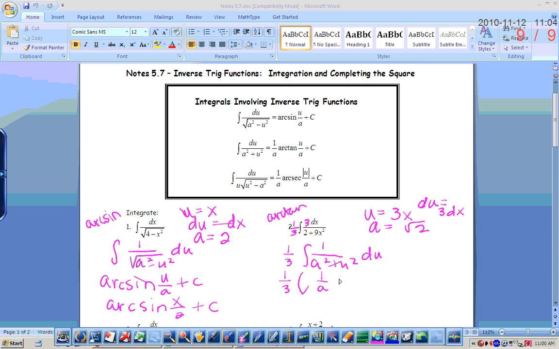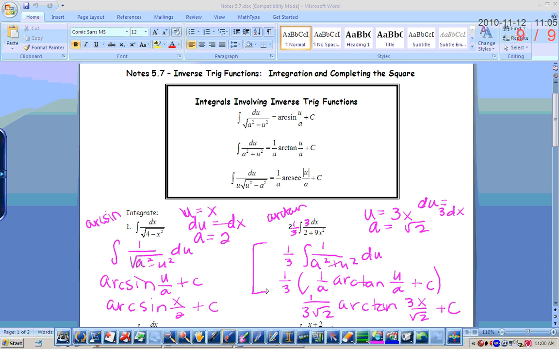So 1 over a, arctan, u over a, plus c. And I'm going to distribute the 1/3 and plug in my a and my u at the same time. So I'm going to get 1 over 3 root 2, arctan, 3x over root 2 plus c.